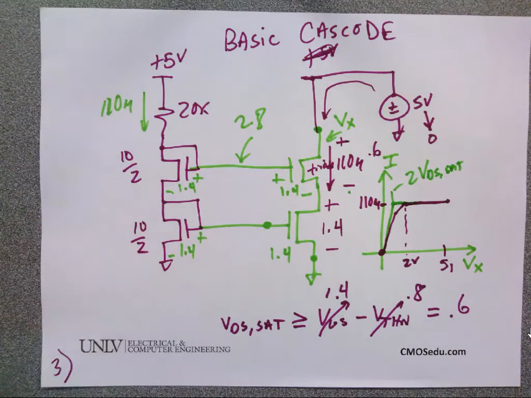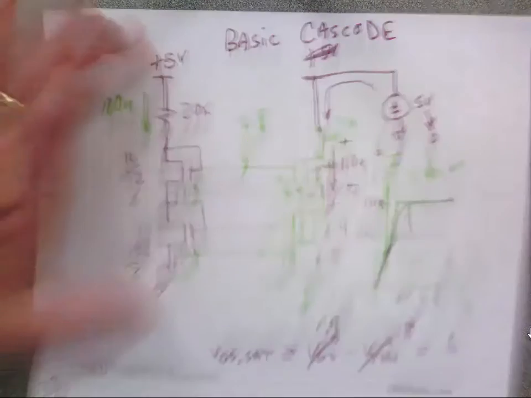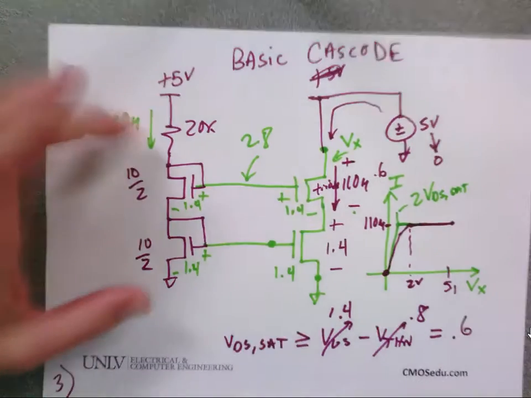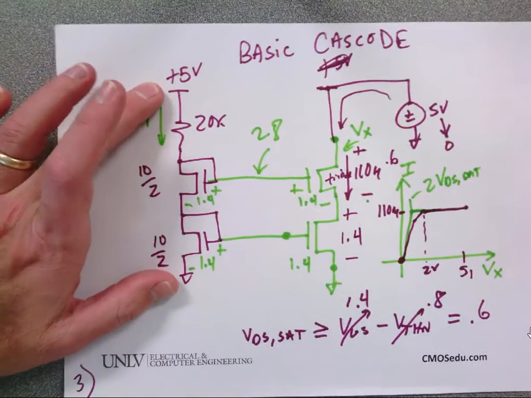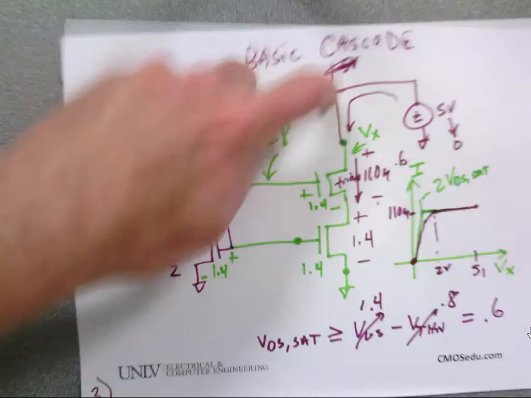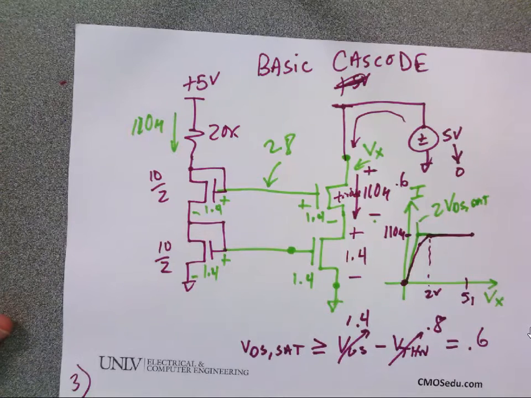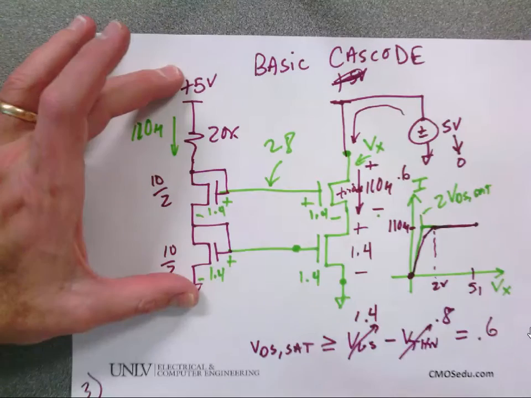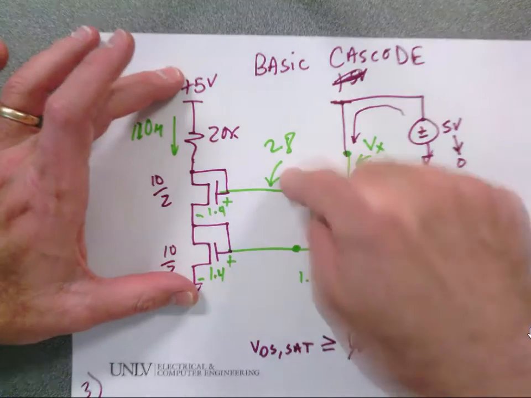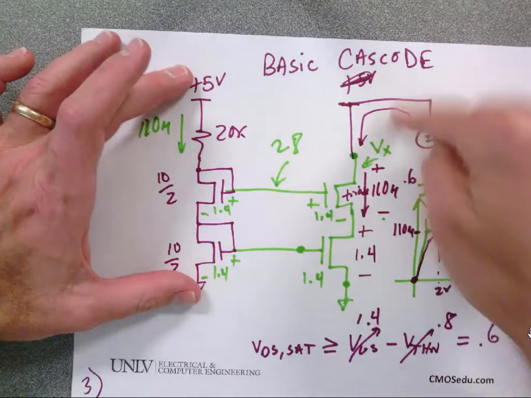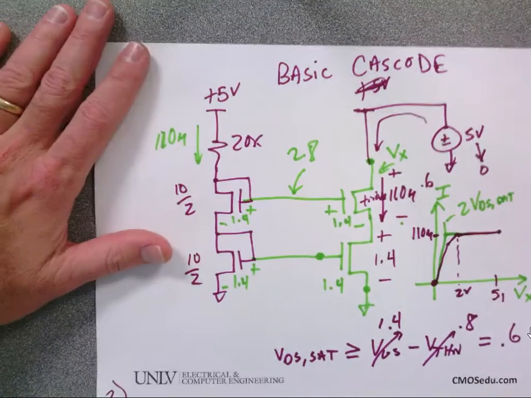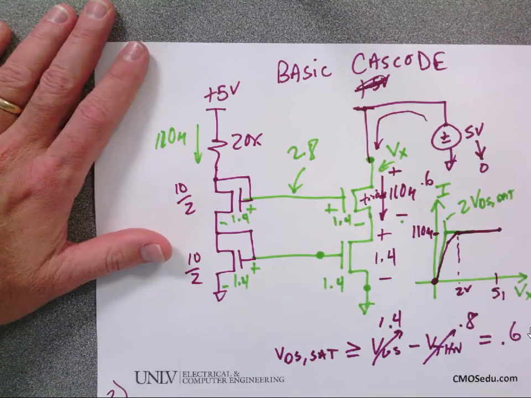Would it be unreasonable for a quiz to say, find all the voltages and currents in the circuit, especially if I gave this part of the circuit, which was the same quiz as today, and I put 3 volts here? It's just the same thing, and then you just go over here and go 1.4, 1.4, 2.8, and then if there's 3 volts here, you go 110 micro. Any questions on this? Yes?